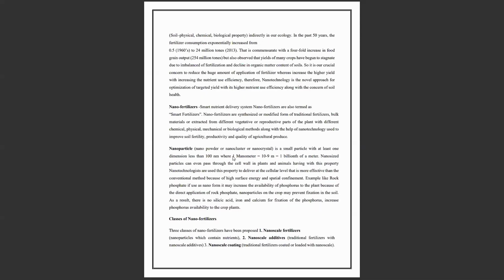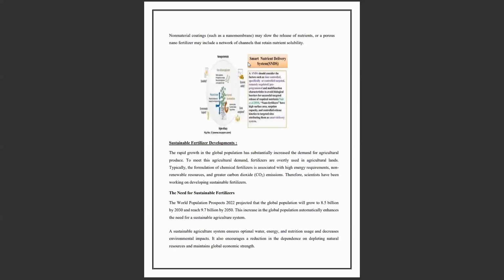What are nanoparticles? These are nanopowder or nanocluster or nanocrystals in a small particle with at least one dimension less than 100 nanometer, where 1 nanometer is equal to 10^-9 meter, 1 billionth of a meter. As a result, there is no silicic acid, iron, and calcium for fixation of the phosphorus, increasing phosphorus availability to the crop plant.